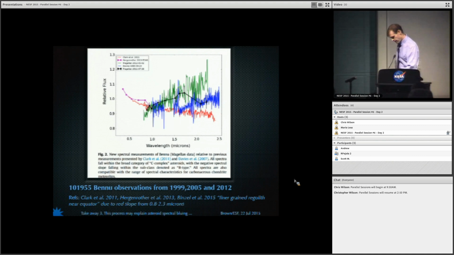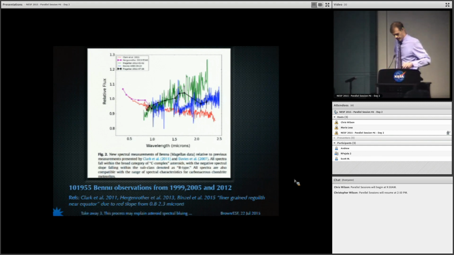So, but Binzel did point out that the generally negative slopes of the Clark et al. and also Hergenrother results were not repeated by his spectra. His spectra all showed this strong positive slope.